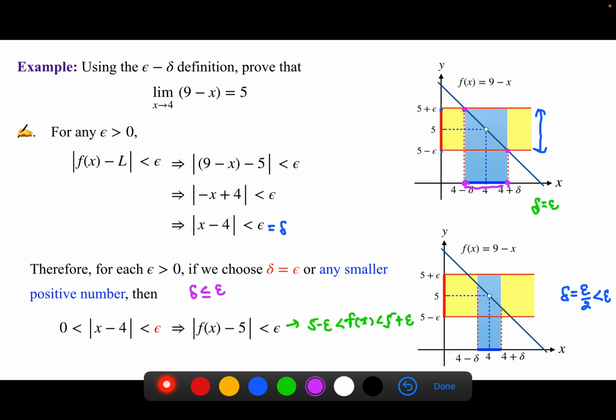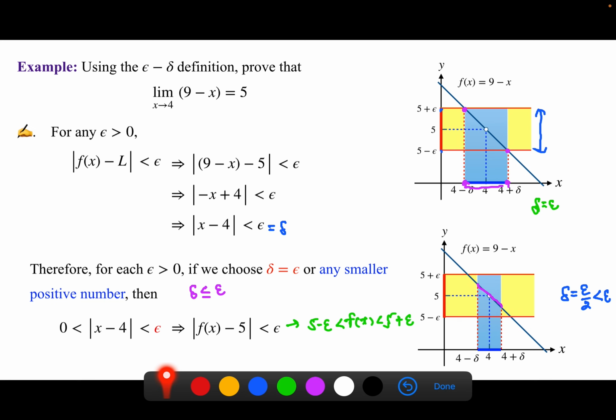The function values are inside this vertical band. Hence, we can say for delta equal to epsilon or any smaller positive value, say epsilon by 2 or any other smaller value, keeping x within the delta band will keep the function values within the epsilon band, which proves the definition of limit.